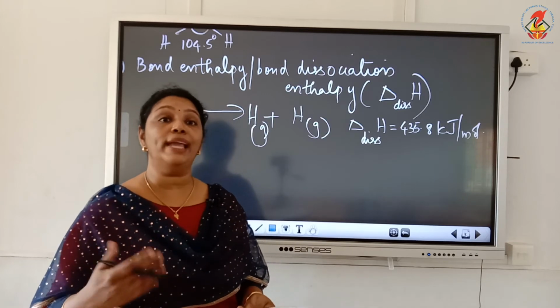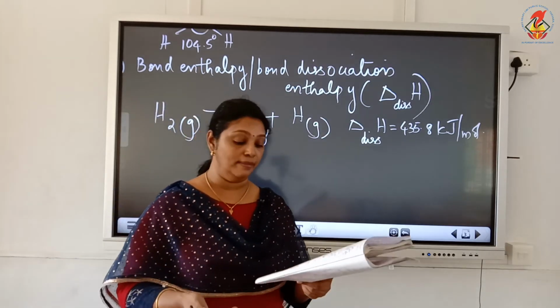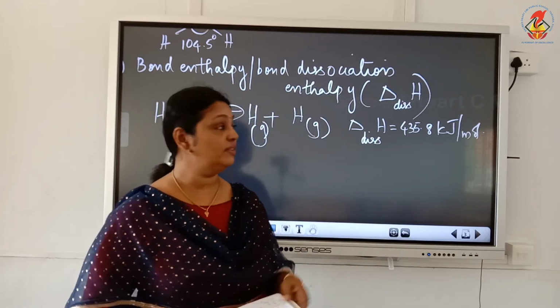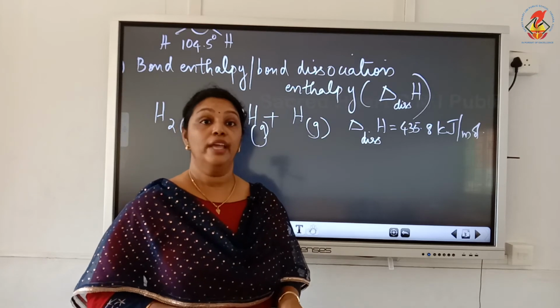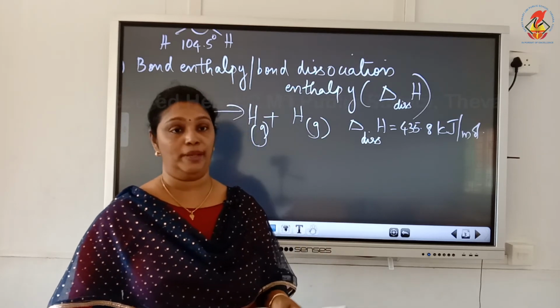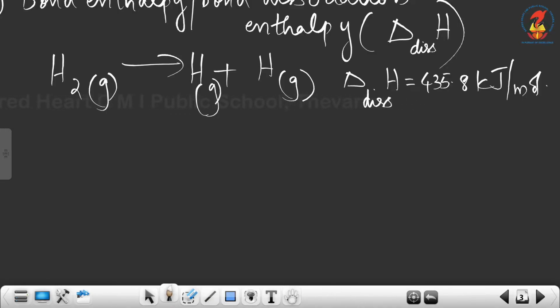If it's a polyatomic molecule, meaning 3 or more atoms, we take the average bond enthalpy. This is a diatomic molecule, H2. For a polyatomic molecule, we have to take the average bond enthalpy. For example, the water molecule H2O is a polyatomic molecule with 3 atoms.